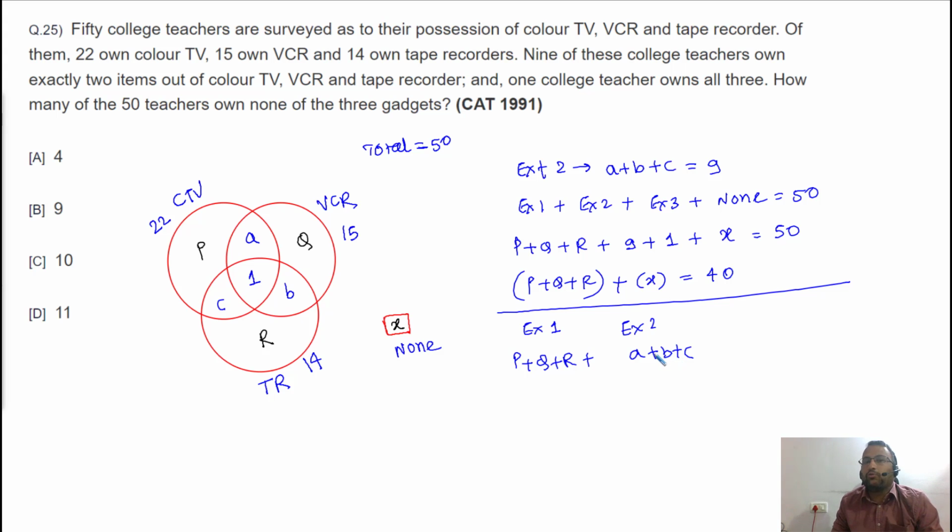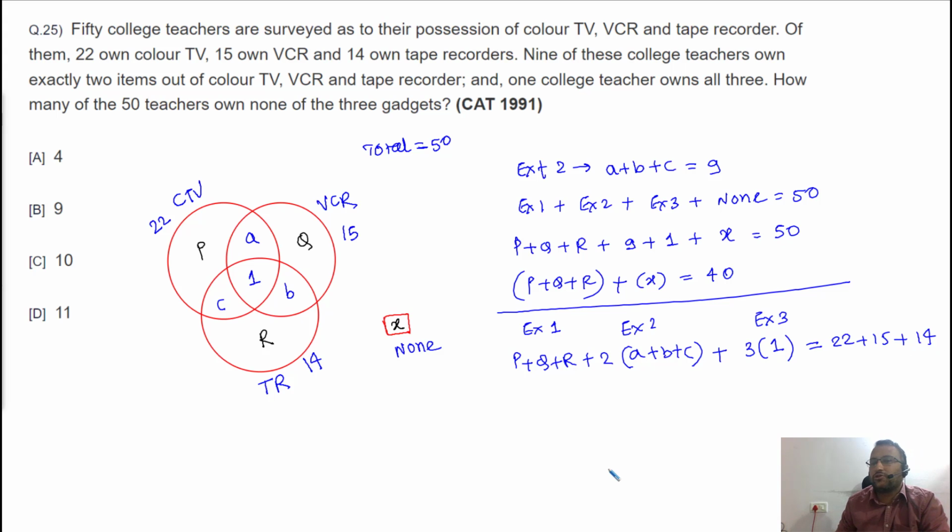B is counted 2 times, in VCR as well as tape recorder. So A plus B plus C is counted 2 times. And exactly 3 is 1 teacher. This 1 teacher is counted 3 times, in color TV, VCR and tape recorder. This is the total number of instances, which is equal to 22 plus 15 plus 14.